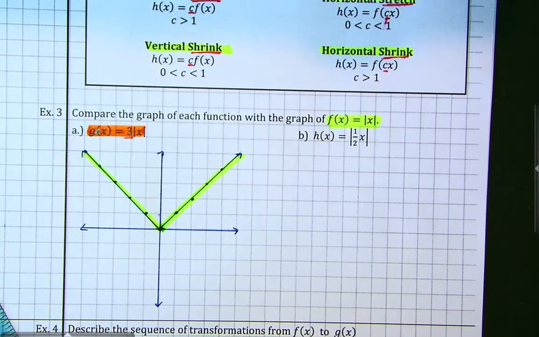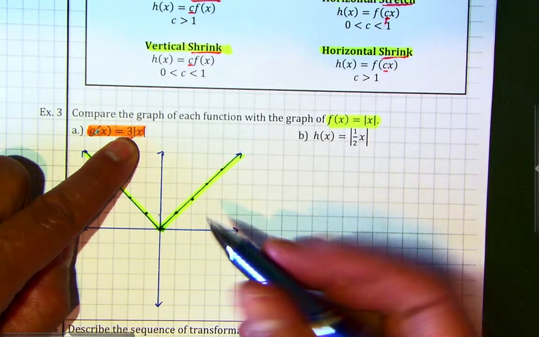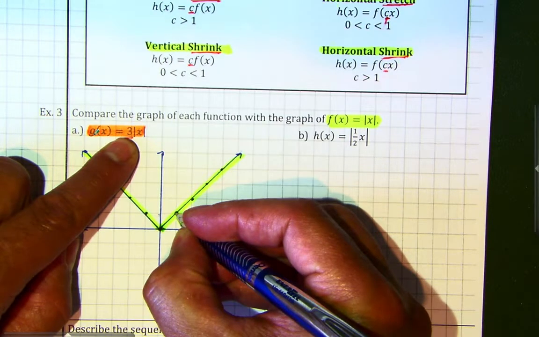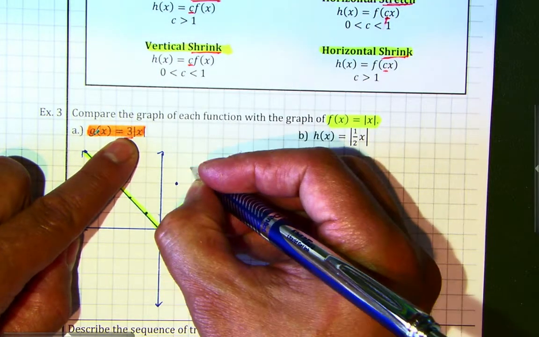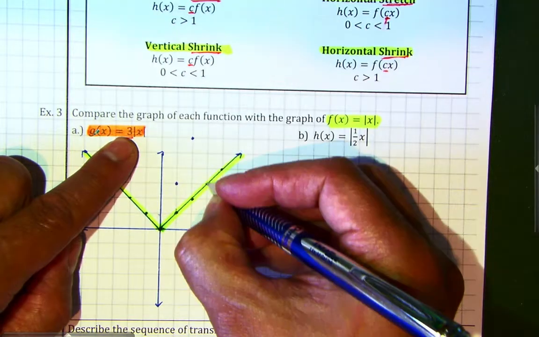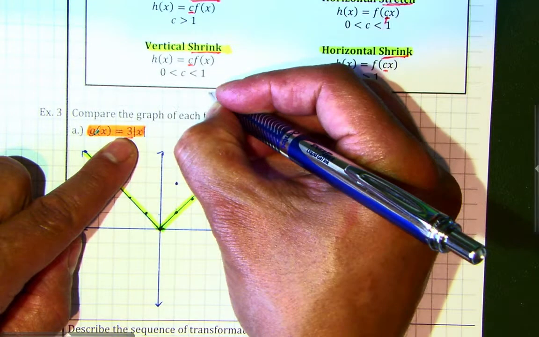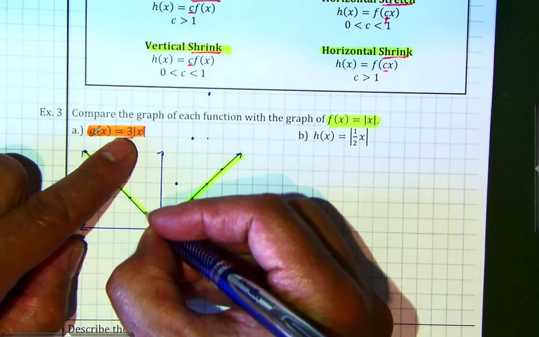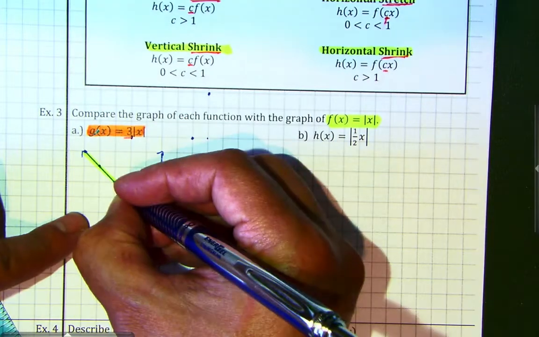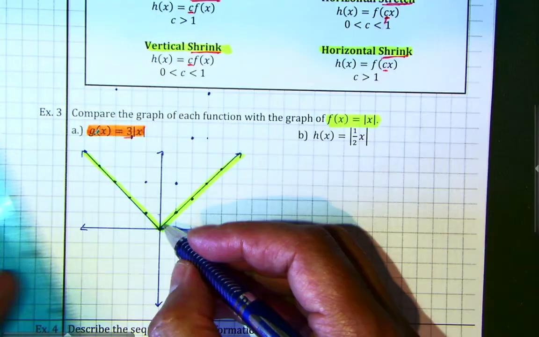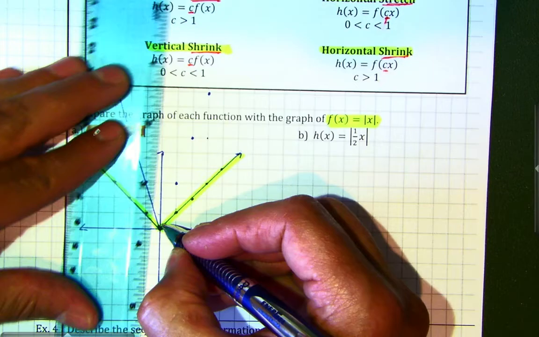The 3 is going to multiply the y values by 3. So therefore, this y value of 1 is now going to be 3, this y value of 2 is going to be 6. This y value of 3 will be times 3, 9. Same thing here. 1 multiplied by 3, 2 multiplied by 3, 3 multiplied by 3 gives you 9. So that'll be your new graph, which will be g of x.